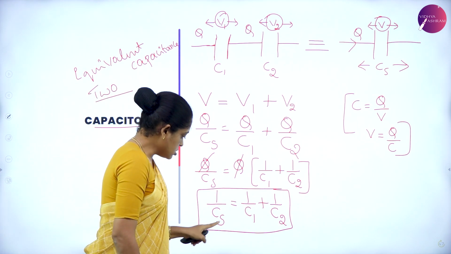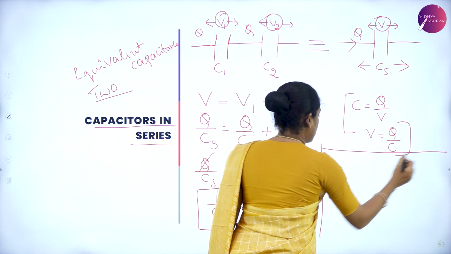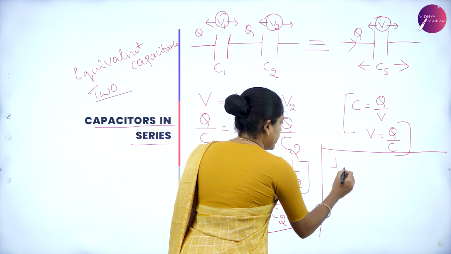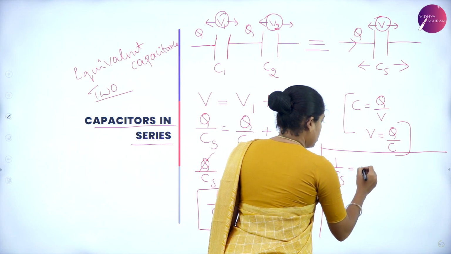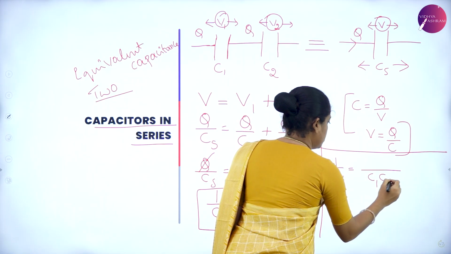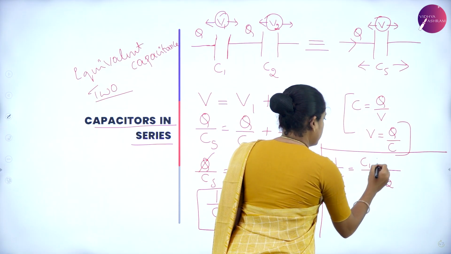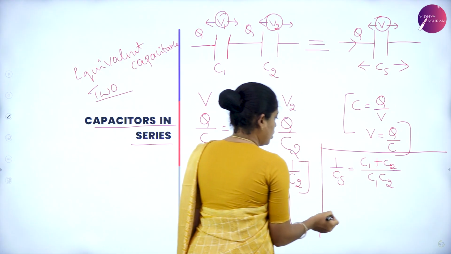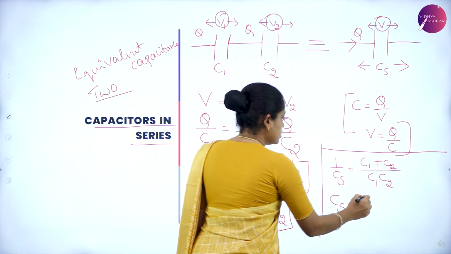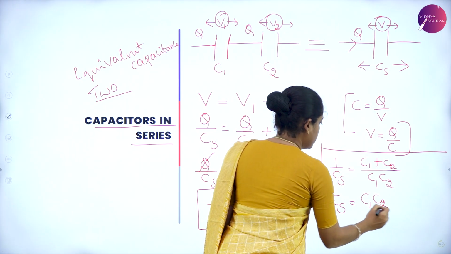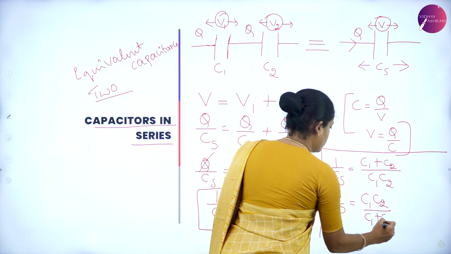And to find Cs, 1 by Cs is equal to (C1 plus C2) by C1 C2. Now we need Cs, therefore Cs is equal to C1 C2 by C1 plus C2.